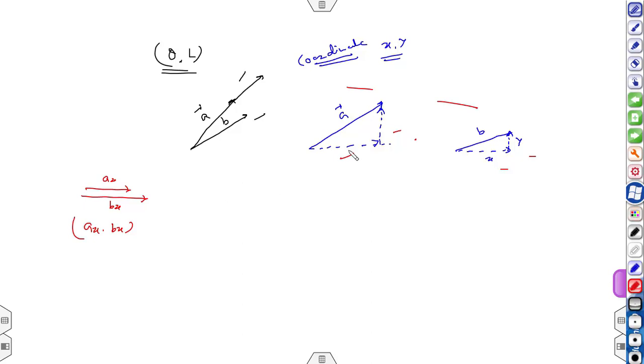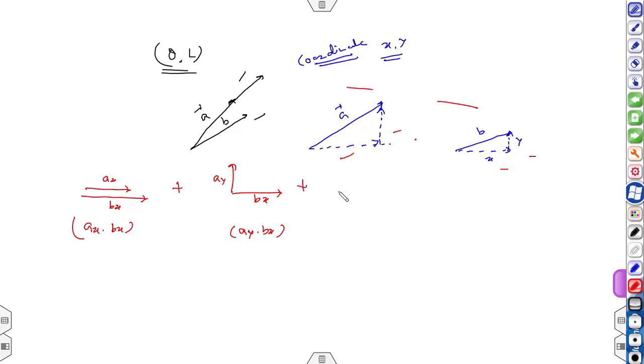Similarly, the dot product of ay with bx: ay dot bx.